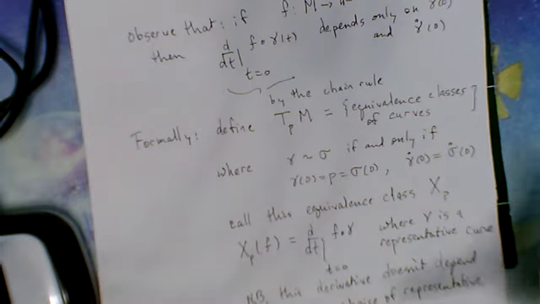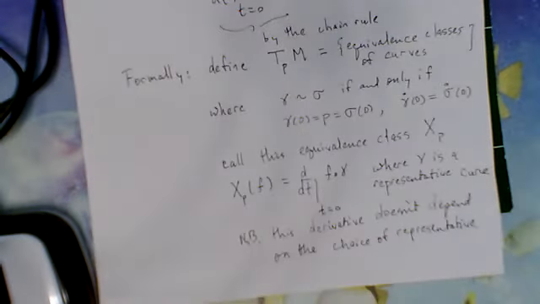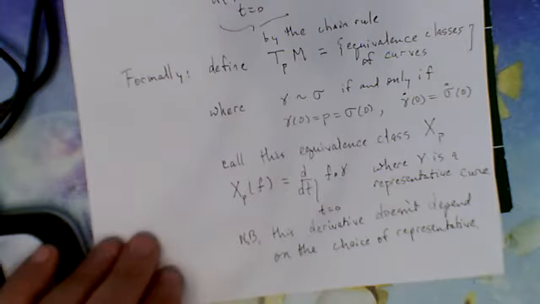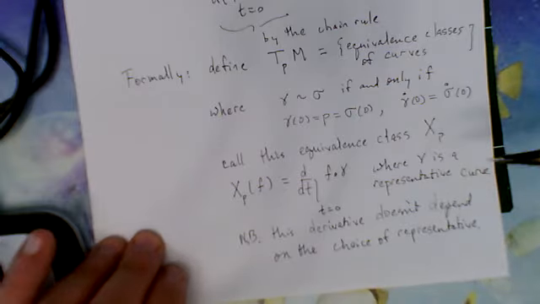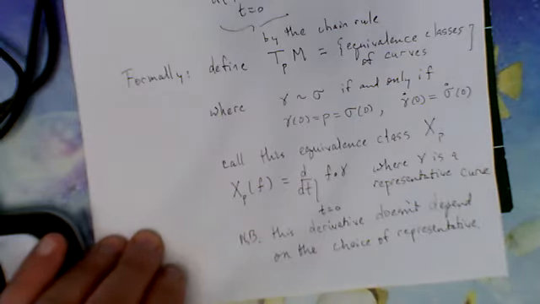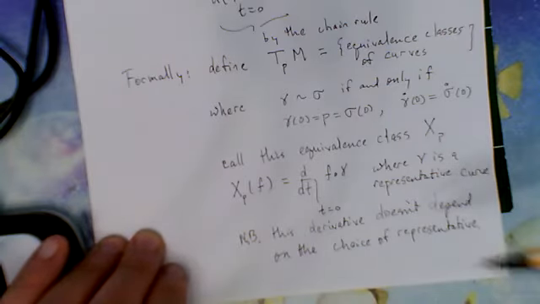So this all looks very formal and perhaps a little bit confusing. And in practical terms, one usually does not use this. Sometimes one uses this formulation of what the tangent space is at a point, but usually one uses the local definition in terms of coordinate charts.